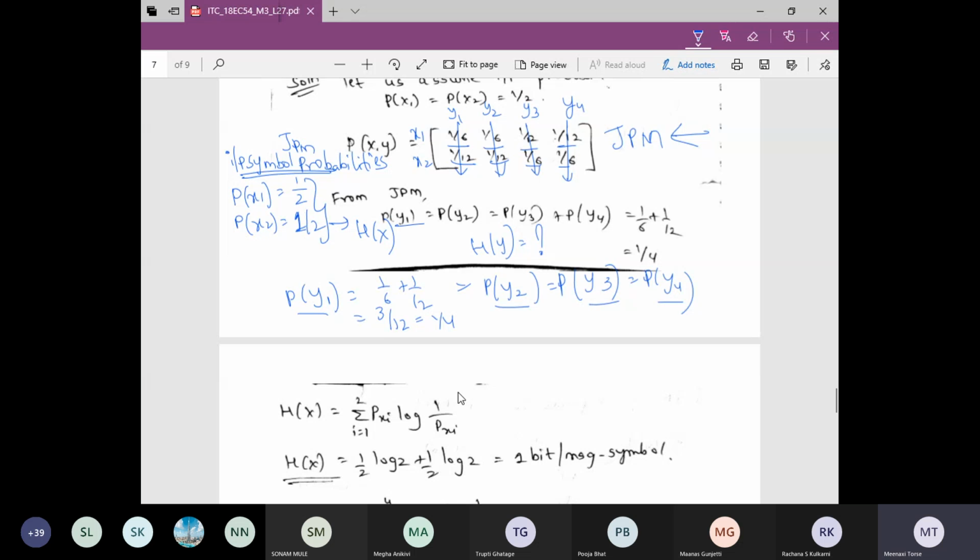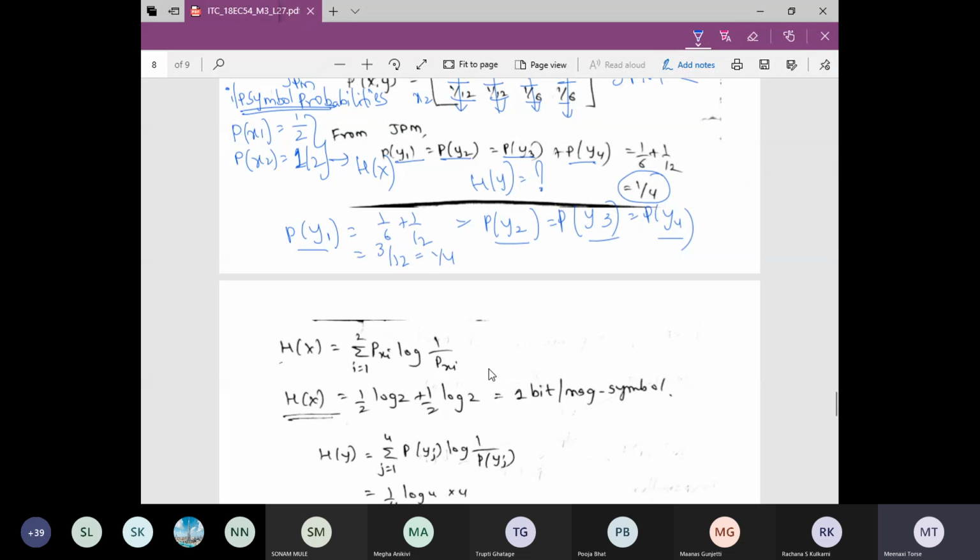So you can observe that the probability of y1, y2, y3 and y4 is 1 by 4. Each output symbol has probability 1 by 4.